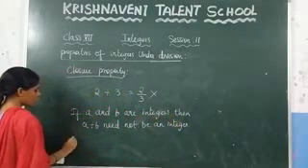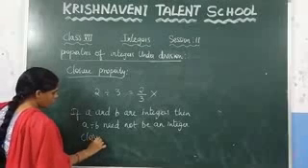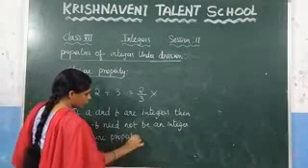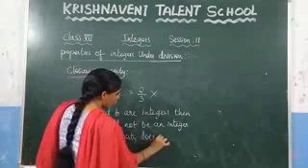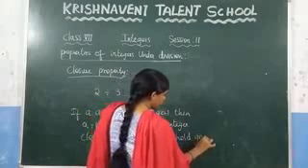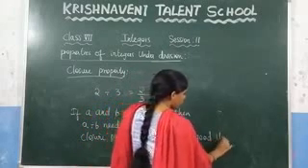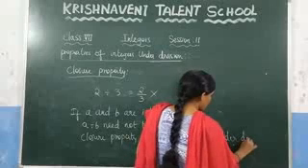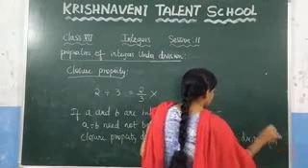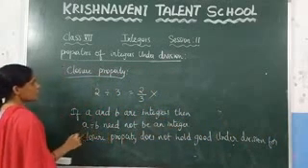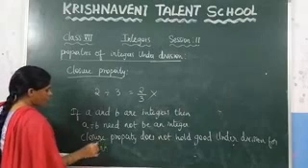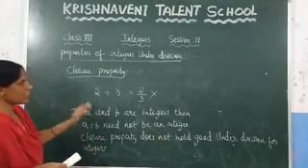From this we can say closure property does not hold good under which operation? Division. For which numbers? Integers. This is the closure property under division.